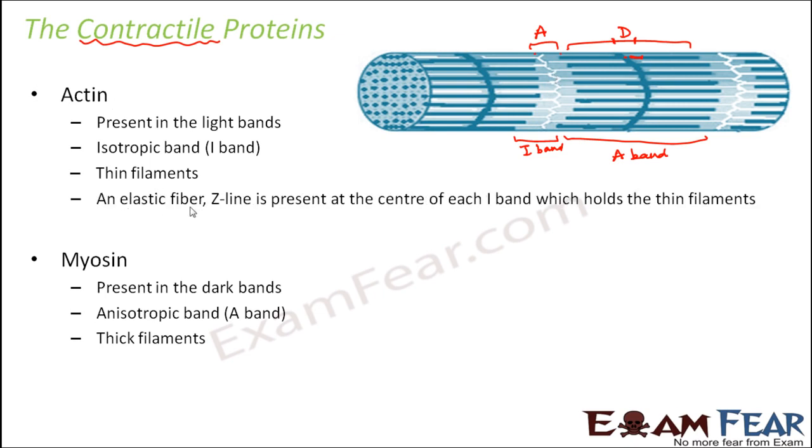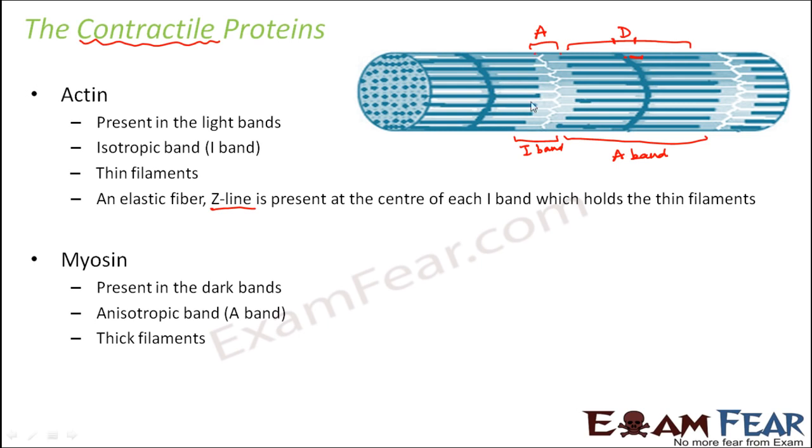Here you can see these are all thin filaments of actin. The white lines are drawn thinner when compared to the dark blue lines, just to show that actin filaments are thinner than myosin.